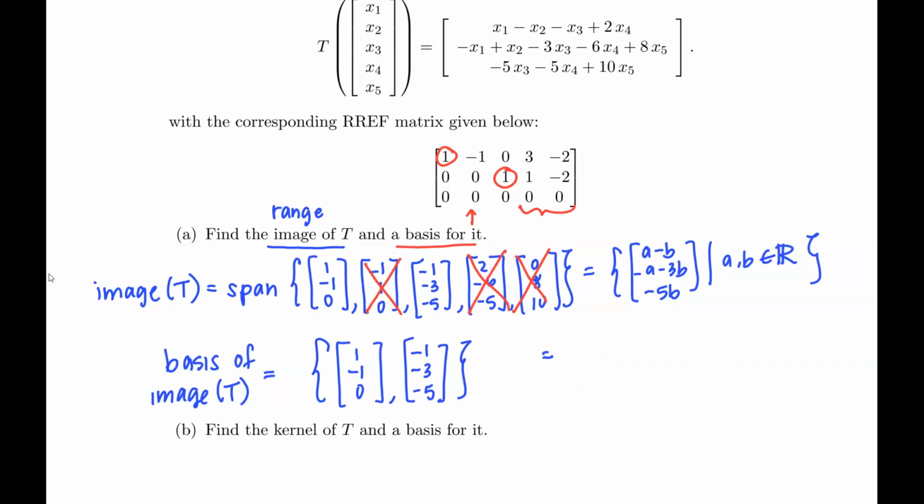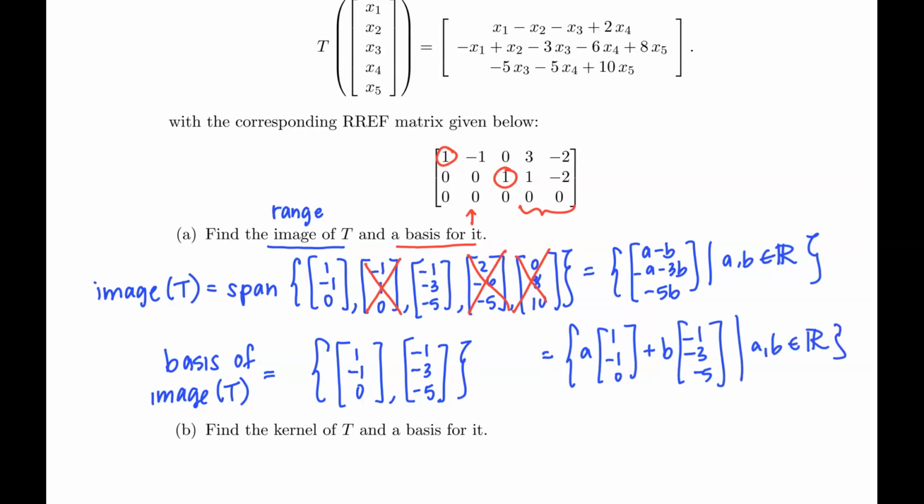There's one more way, which is to write our little a times that first vector in our basis and b times that second vector in our basis, where a and b are within the reals. Everything here, these three up here at the top, are all equivalent ways to write that subspace.